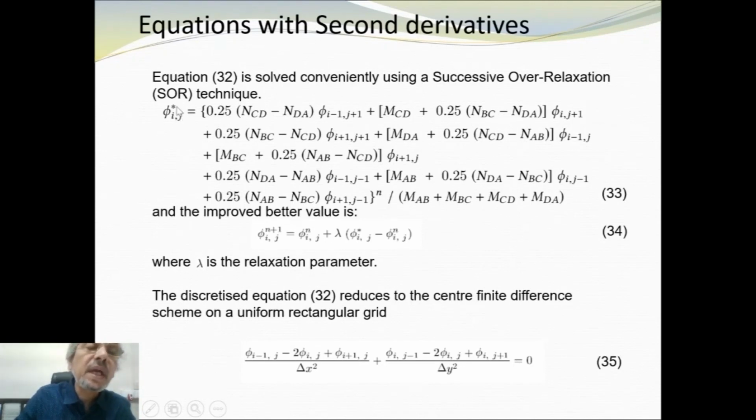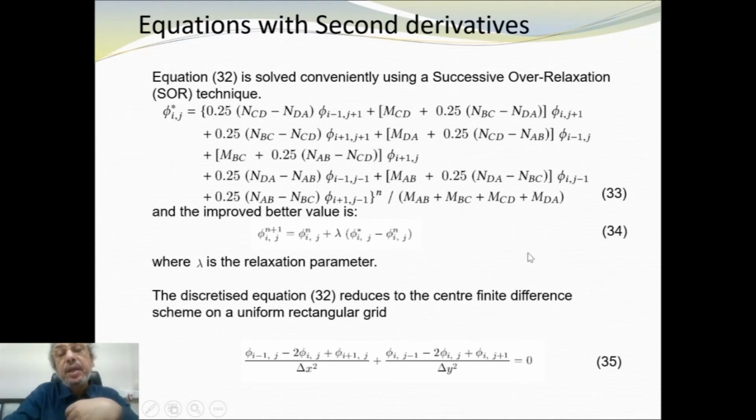From there we calculate phi ij star, and using phi ij star and the nth level value, having performed the over relaxation exercise, we calculate phi ij at n plus 1th level, at the next iteration level.